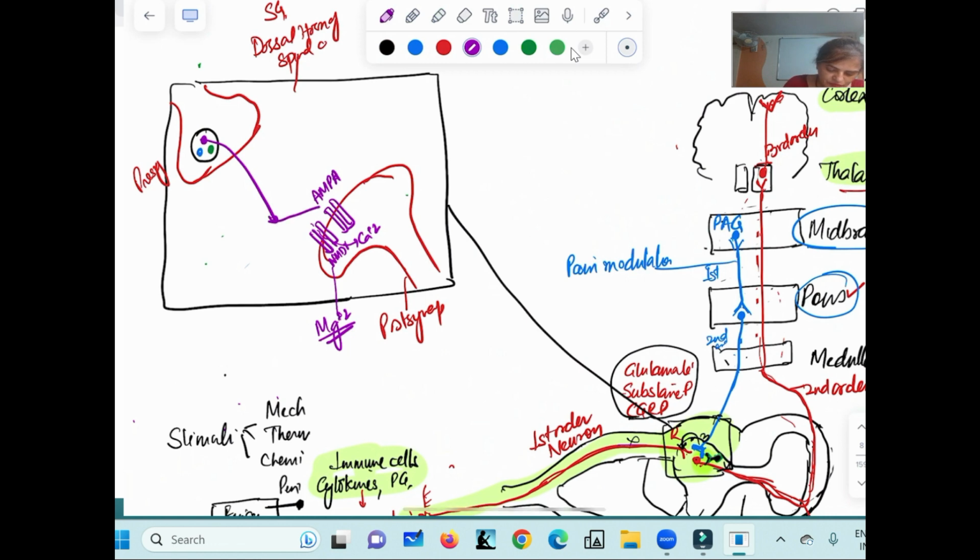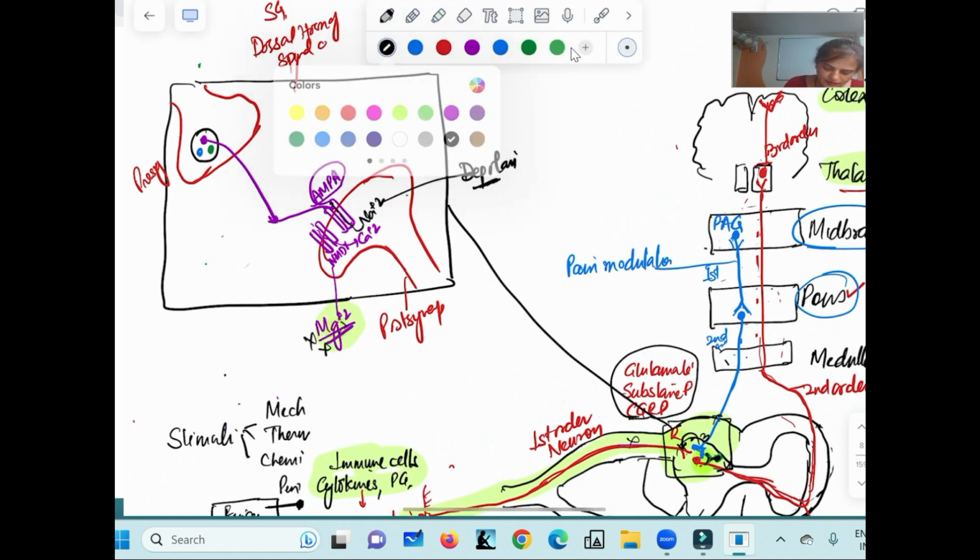This glutamate is going to bind with the AMPA receptor, and there is an inward movement of the sodium ion, which leads to depolarization. Once depolarization happens, the negative influence of the magnesium is cancelled completely.